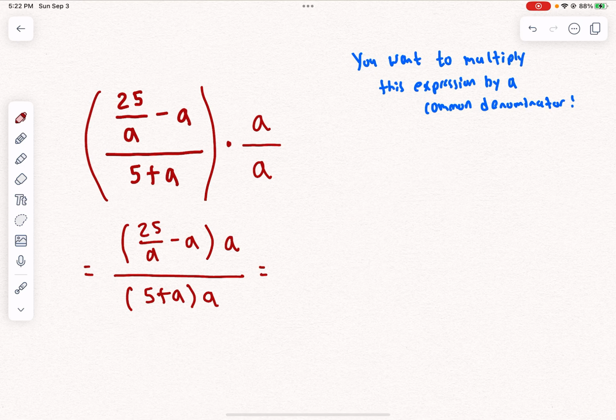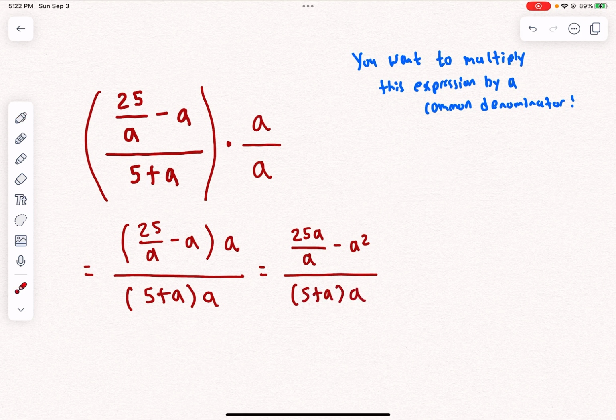So if we were to do that, we would get 25a all over a minus a times a, which is a squared, all over 5 plus a times a. There's a reason why I didn't distribute this a, and that's just because ultimately what's going to happen here is that this 5 plus a is going to be canceled out, and you'll see that right now.